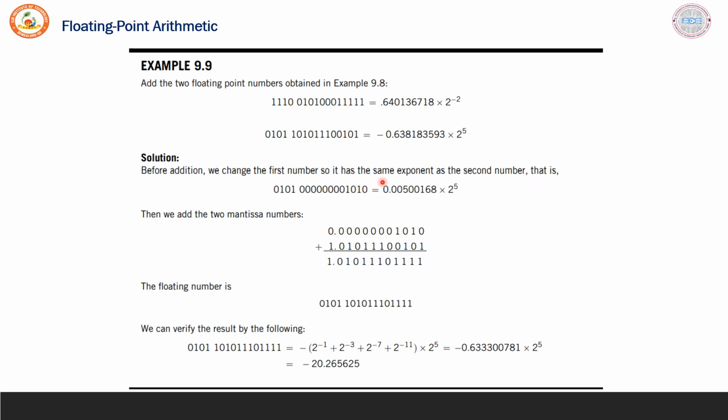So after performing that change, the value will now look like something which is shown here. We can see that the exponent has now become 5. And along with that, the mantissa part will also change. Now we can proceed with the addition. Taking those numbers, we can identify the mantissa parts.